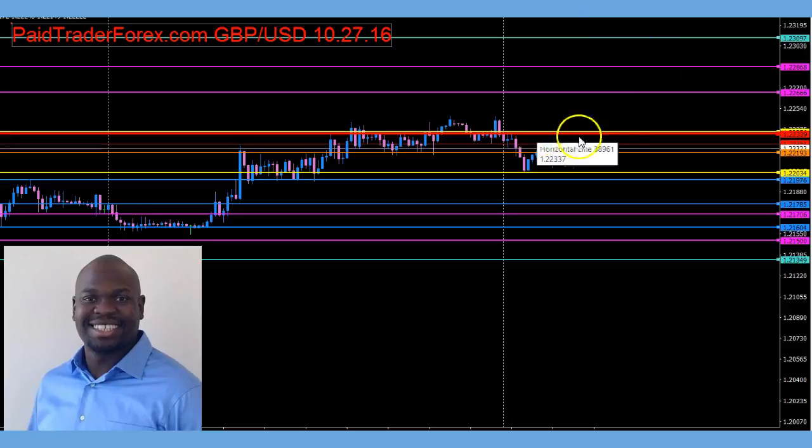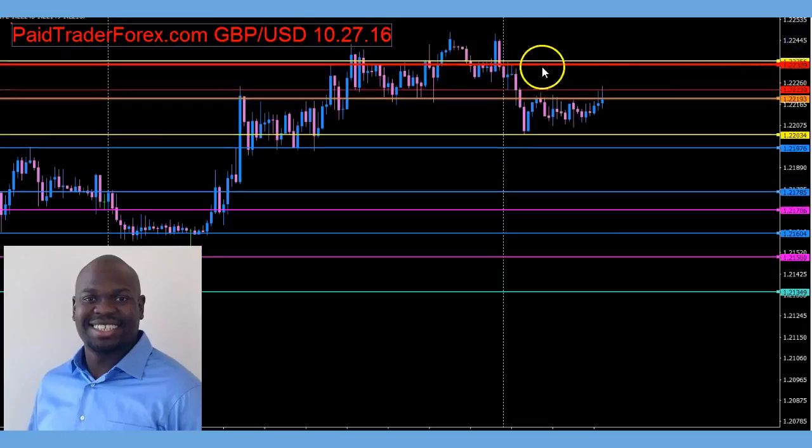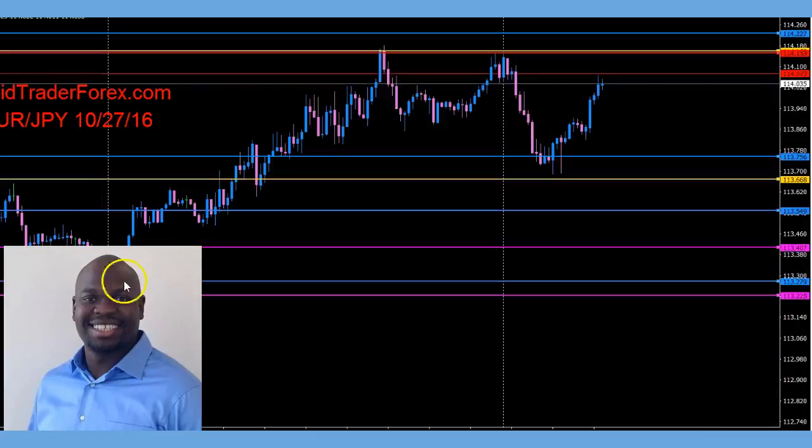But I think this is gonna be key as to what will happen right here. We've got Main Street just popping, and if you guys know me, you guys know what Main Street is. This is the area that sees all the action. So we'll see what happens. But man, it'd be nice for it to come down in here, get a nice little long, and call it a day. So now let's shoot on over to my other favorite pair, the Euro Yen.